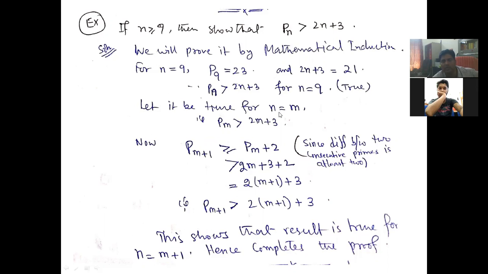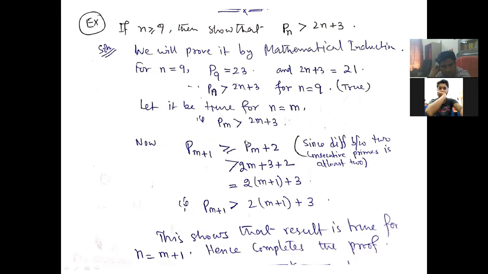Now let it be true for n equal to m, that is pm greater than 2m plus 3. Now we need to show that pm plus 1 is strictly greater than 2 times m plus 1, plus 3.